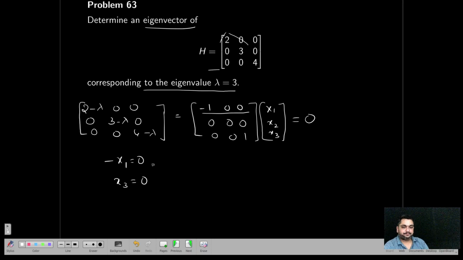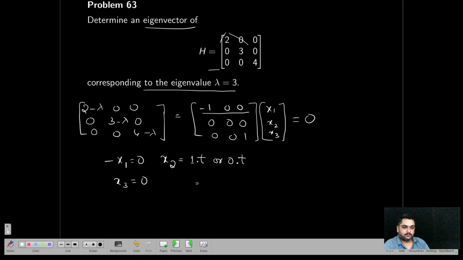So this is set. Now x2 can be some value, say 1 into t, or it can be 0 into t. Why, I will tell you. Now what are the possible vectors?